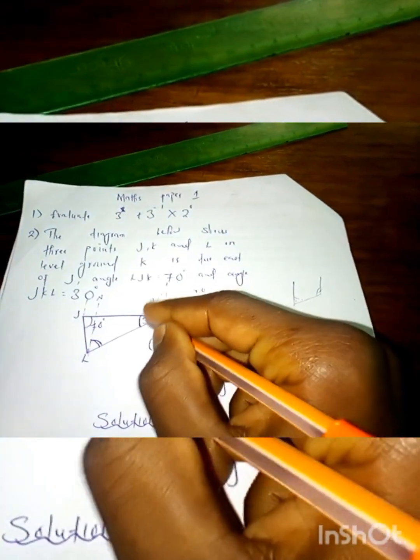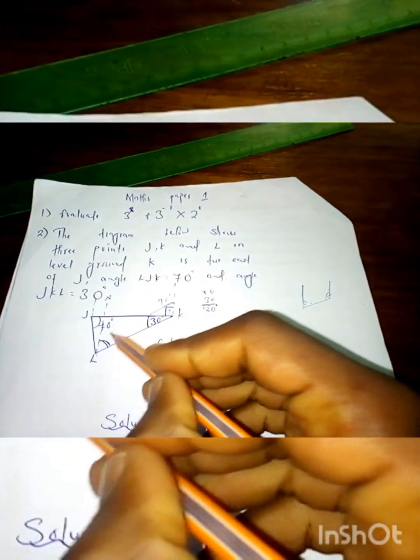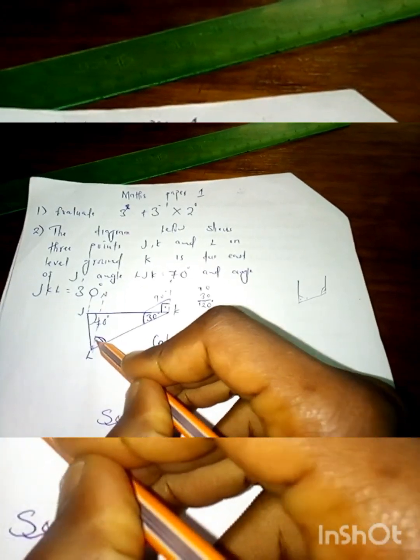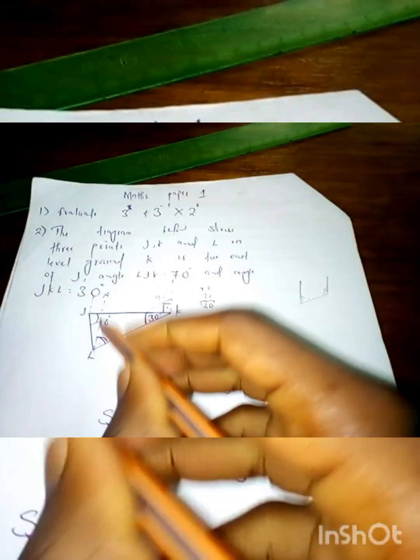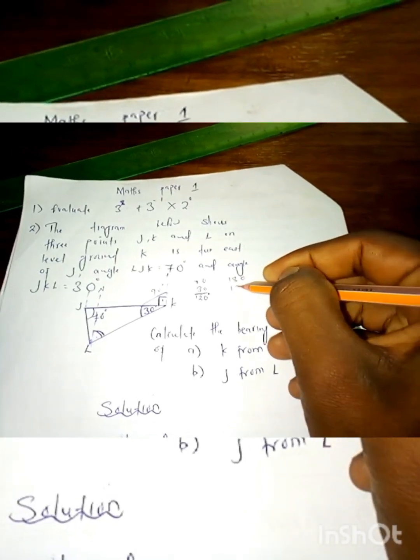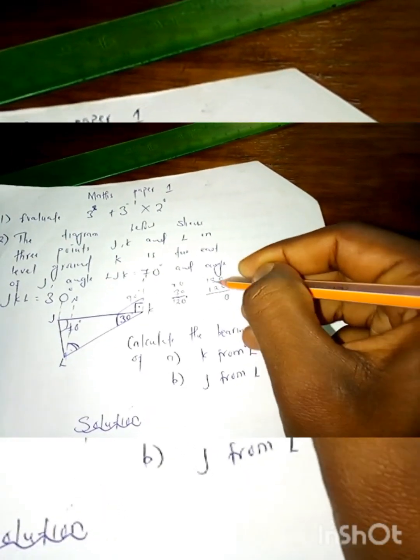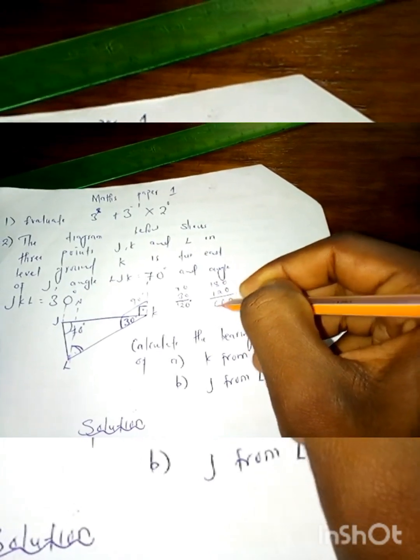So from here to here is 120 degrees. We know these two angles add up to 180. So for us to find this angle, we're going to say 180 minus 120. Just simple as that. This is 0, 6, 0.